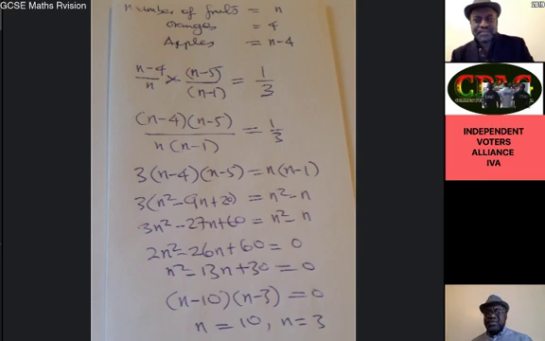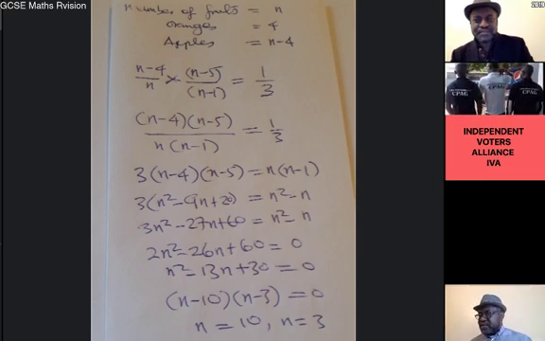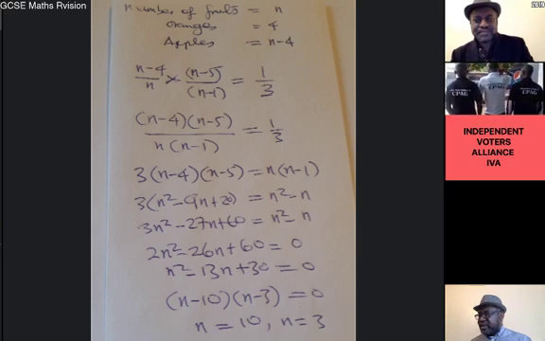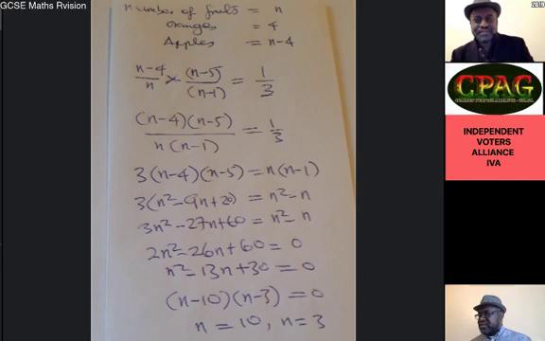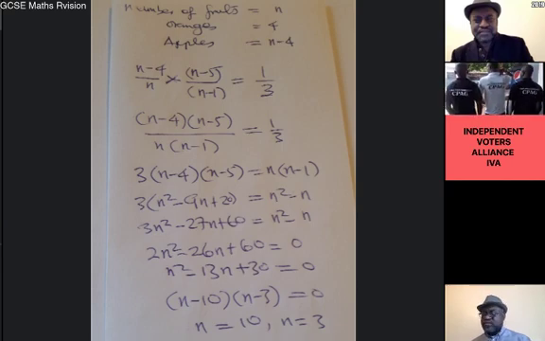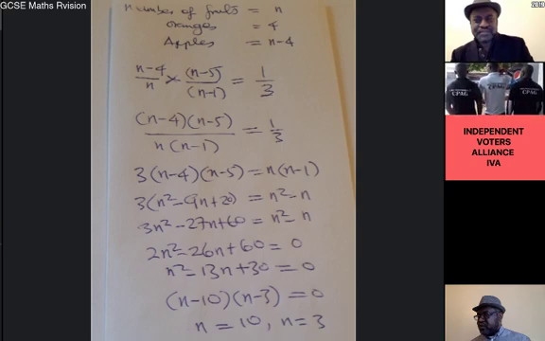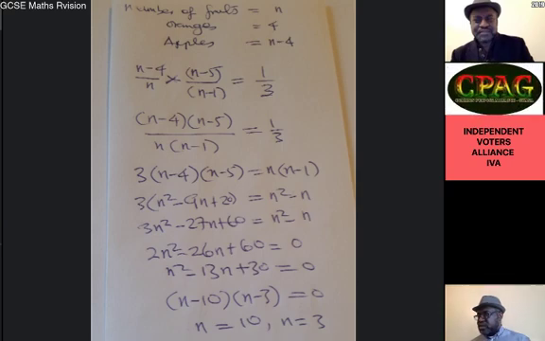And so when you simplify it, you're going to get n minus 4 in bracket, times n minus 5 in bracket, over n times n minus 1 in bracket, equal to 1/3. When you expand it, you're going to get 3 times (n minus 4)(n minus 5) equal to n(n minus 1).